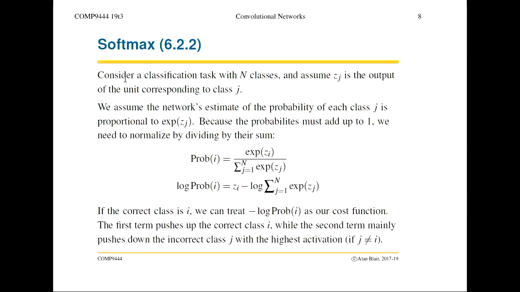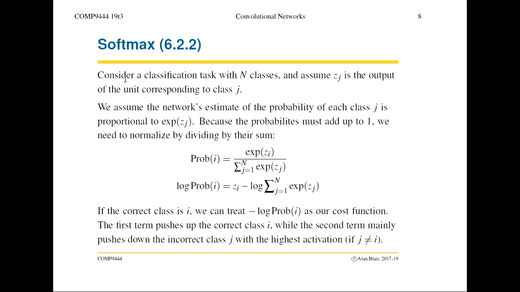We calculate the exponential of each output, and it's assumed that the probability of that output representing the correct class is proportional to e to the power of that output. Not the output itself, but e to the power of that output.